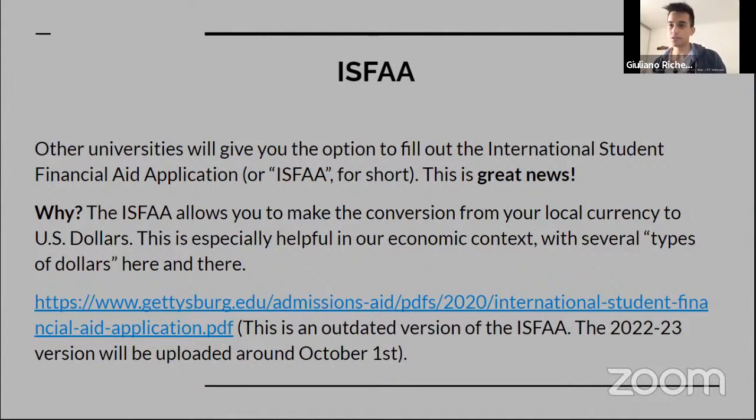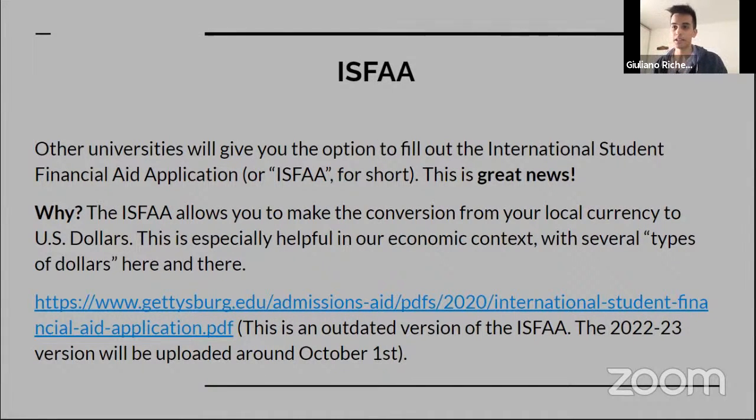So if you have the option to fill out the ISFA, go for it, honestly, because you get to choose your currency value. And this is not meant for you to try to jump over the system. You should still use a currency value that is actually real and not made up, because universities can still look up the currency values.